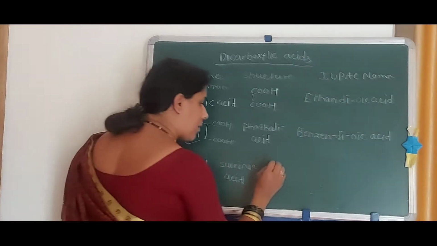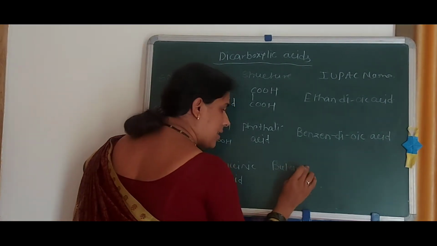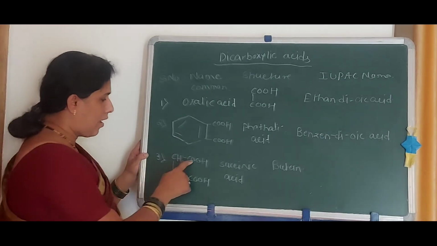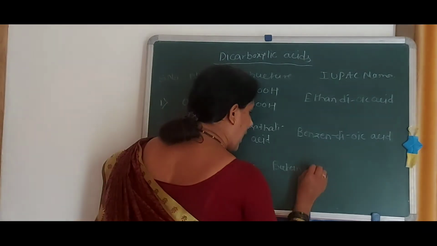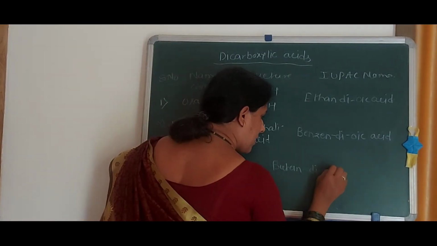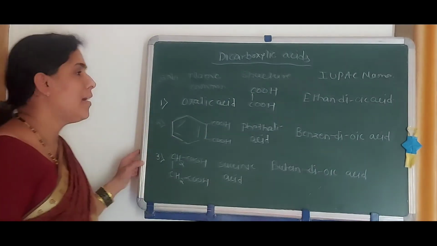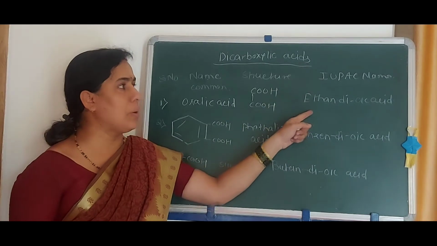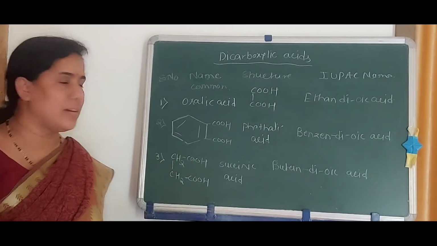For four carbon atoms, remember, that is butane. Now E is replaced by OIC acid. How many carboxylic groups? Two. Butanedioic acid.